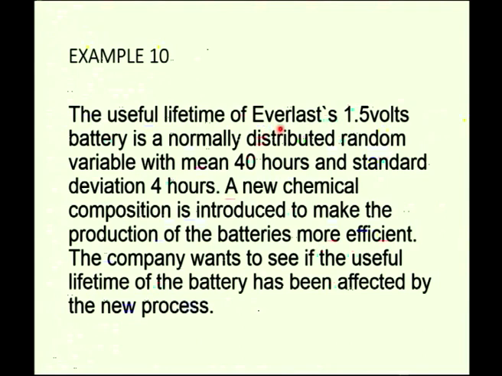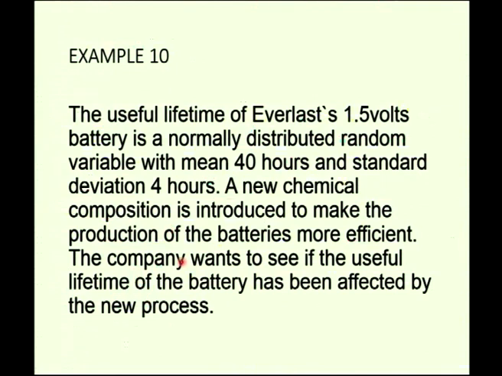The useful time of Everlast 1.5 volts battery is a normally distributed random variable with mean 40 hours. This is the population mean, mu is equal to 40 hours, and standard deviation sigma 4 hours. A new chemical composition is introduced to make the production of the batteries more efficient. The company wants to test whether the new chemical composition is going to efficiently increase the useful time of the battery.